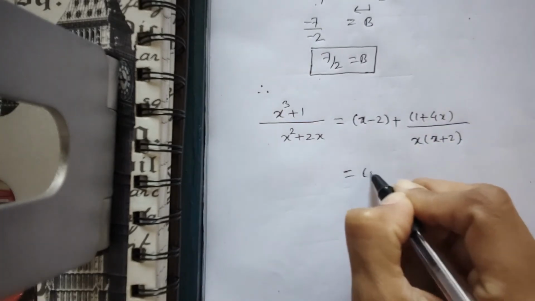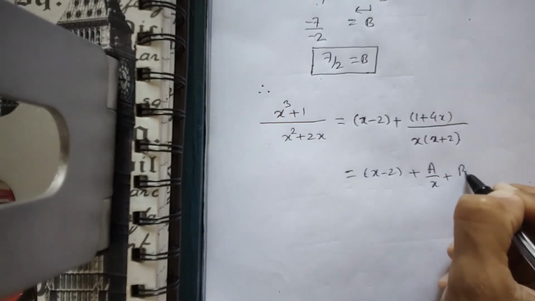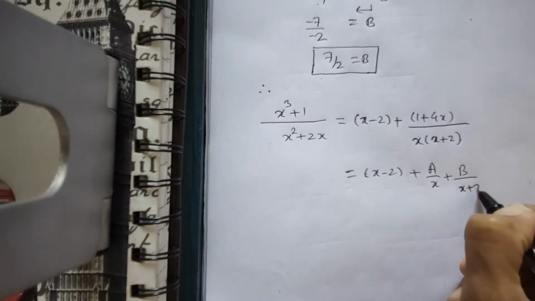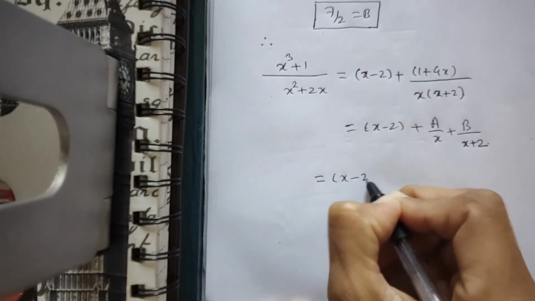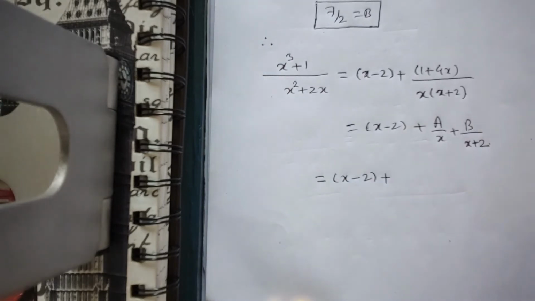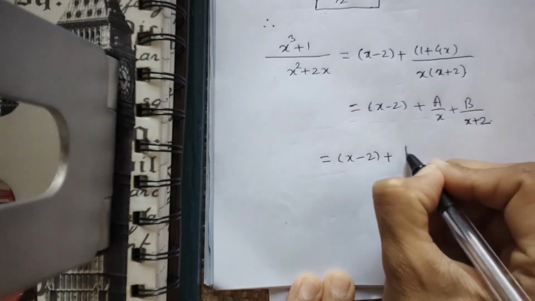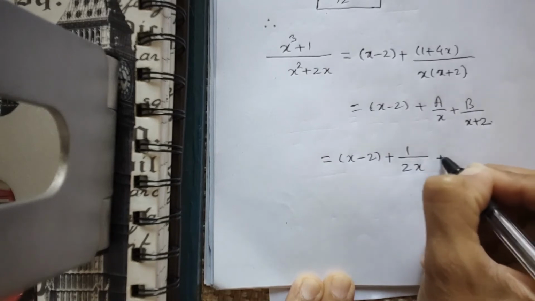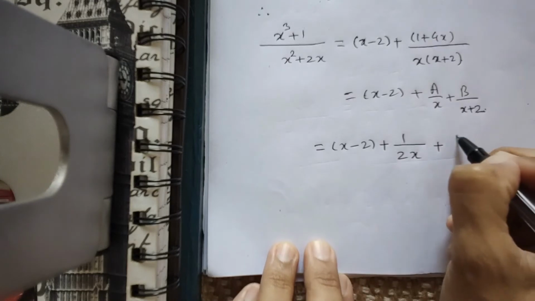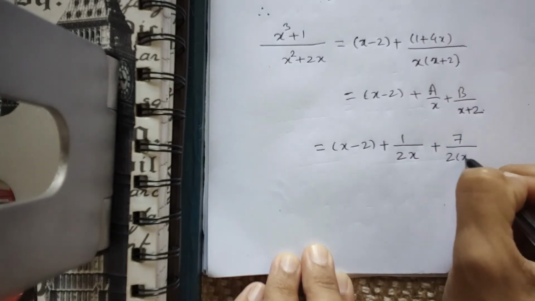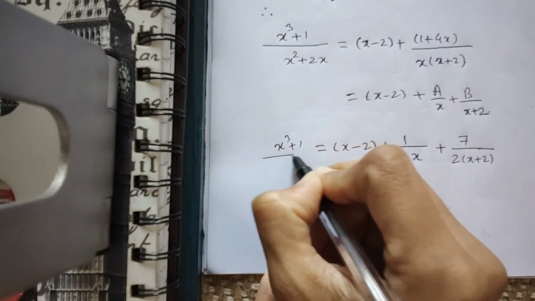And my resolved part will be x - 2 + a upon x + b upon (x + 2). Substituting a = 1/2 and b = 7/2, it is x - 2 + (1/2) upon x + (7/2) upon (x + 2). So that's how my partial fractions are.